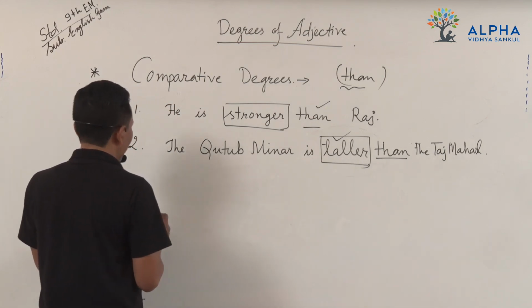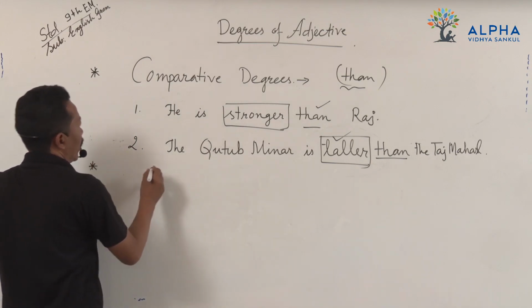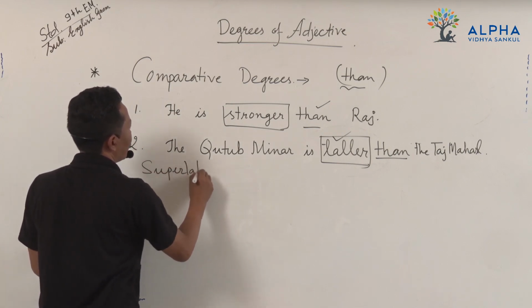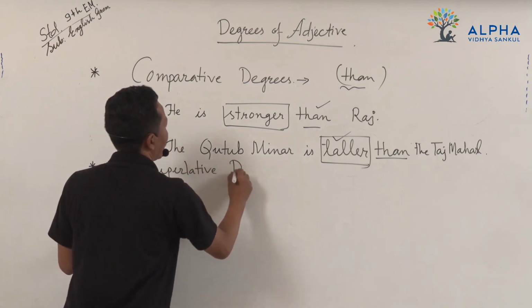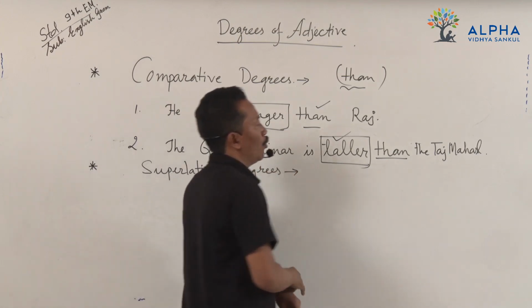The next is for the superlative degrees. What will you do here?